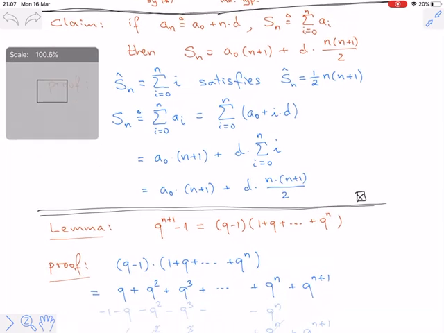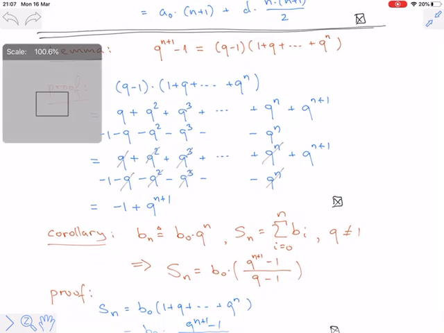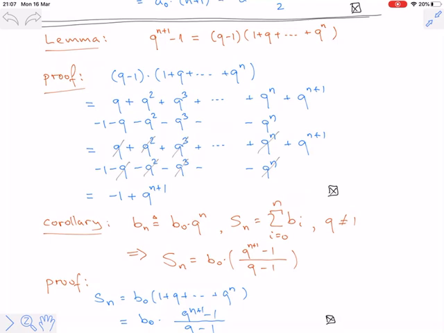In order to prove the theorem, let me first prove a lemma. The lemma actually proves a special case of a geometric sequence in which B0 is 1. So I have B0 equals 1, and then I multiply by Q, and I multiply by Q again, and so on and so forth until I reach Q to the power of n. So this is what I have here in this parenthesis.